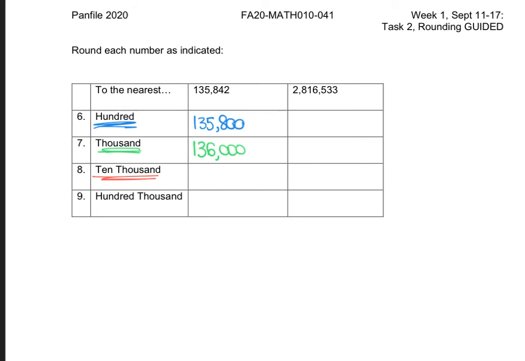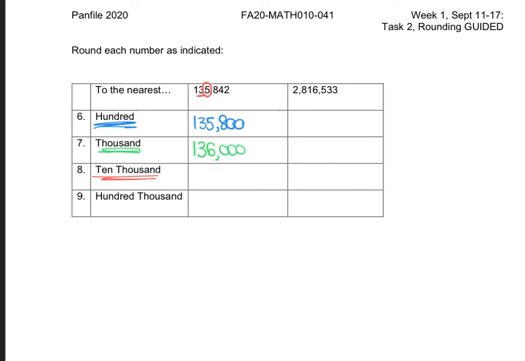Okay, so now here for 10,000 is here, and you could see why going in order is important, and why one task builds on the next. I'll always put things in order, and if you have a question on one task, it's really important that you understand it before moving on to another, because understanding rounding is all about understanding place value, right?